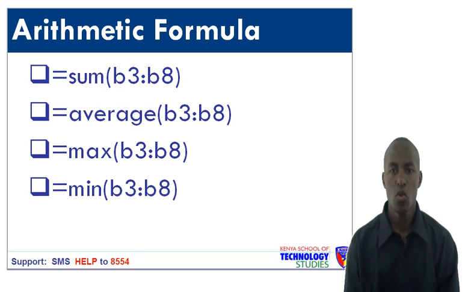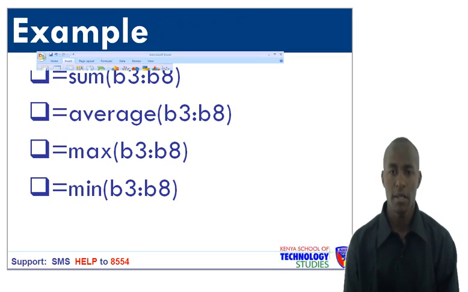To calculate minimum, type equal sign, type the word minimum as min, open the brackets, then type the range of cells and close the bracket. The colon in between the ranges of cells stands for all the other cells in between, like cell B3 and B8.